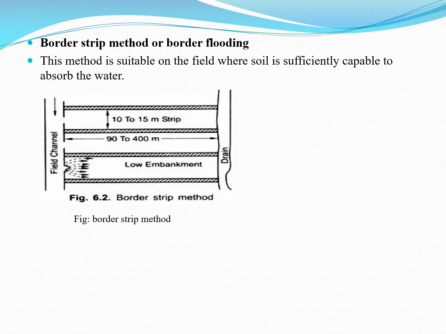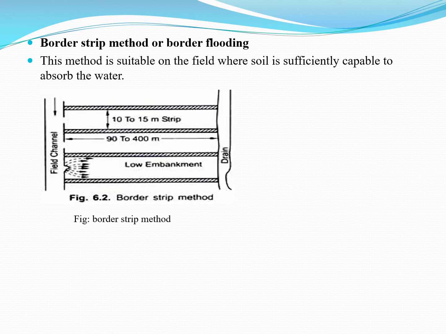These strips are separated by low embankments. These are the embankments. An embankment is a wall of earth to prevent a river from flooding an area. So when there is a flood over those strips, a small wall is constructed here, called a low embankment.